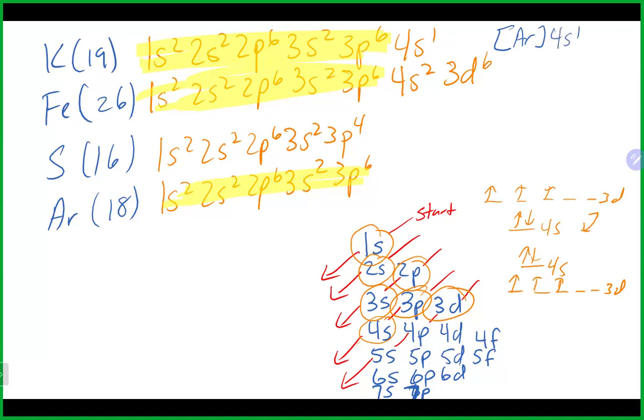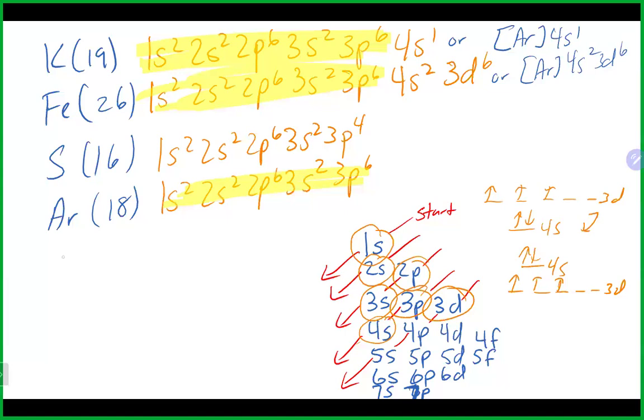You could also do it for iron, which would be argon 4s2 3d6. Argon is what type of element? It is a noble gas, and that's what has to go into the bracket. It has to be a noble gas, sometimes referred to as noble gas configuration.